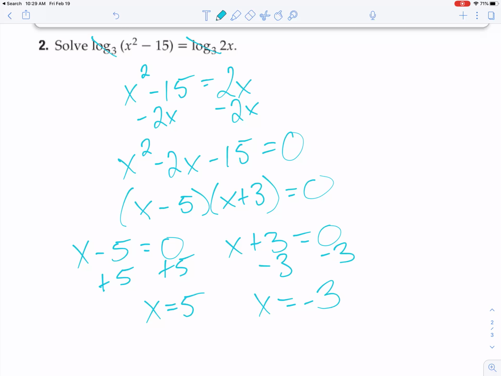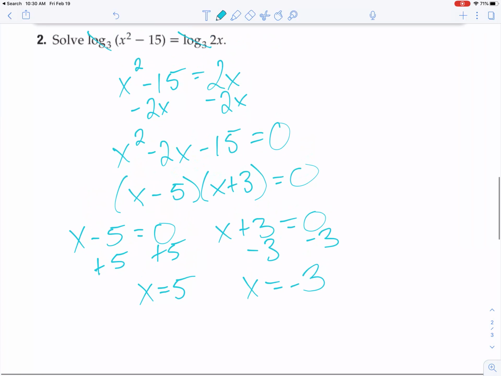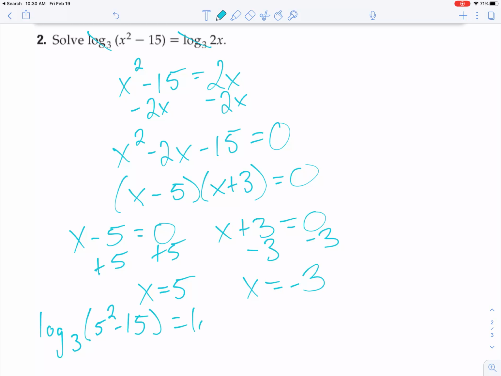However, you need to plug these back into the original problem, because sometimes weird things might happen. For example, and I'm kind of running low on space here. Here we go. Log base 3. I'm going to plug in the 5 first.